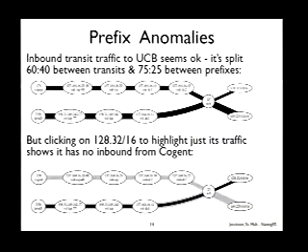And lo and behold, all of the 128.32 traffic is coming from Level 3. In 24 hours, there was no 128.32 traffic coming from Cogent. Either there was no announcement going out that way, or it went out that way and got ignored. So there was some interesting asymmetry, and you can make yourself crazy going around clicking on different nodes and seeing how data goes through your network and goes through the internet.